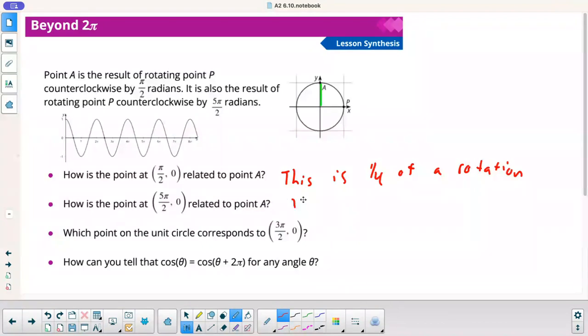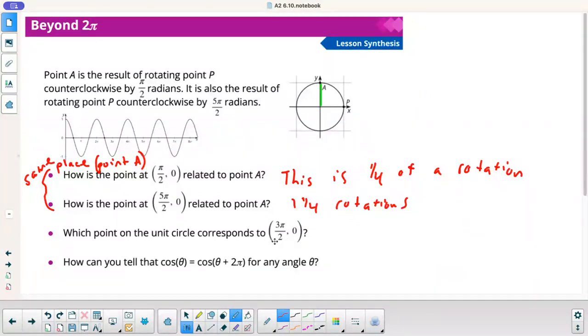This would be 1 and 1/4 rotations. Okay, they are in the same spot though. So I would say here also these are in the same place, which is where A is.